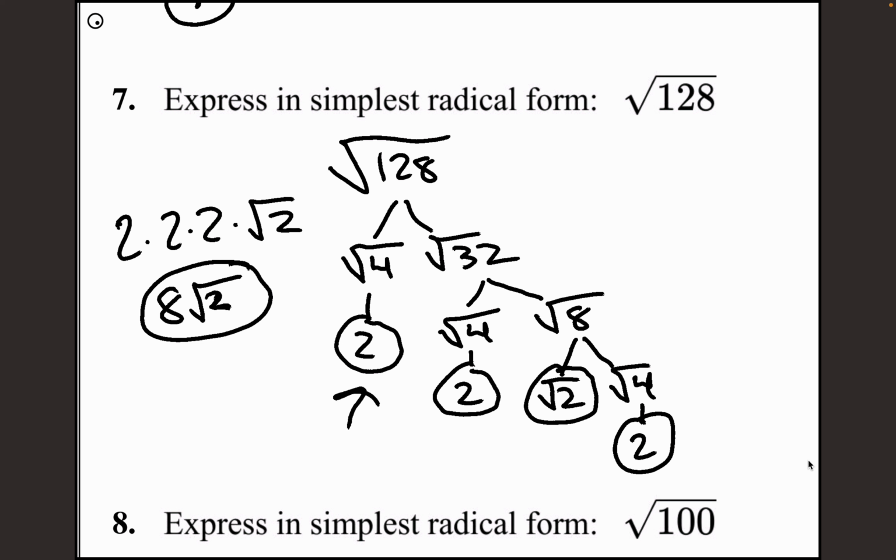Look at all the ones I circled. These were all whole numbers. This one's not. Because when we had square root 8, it was square root 2 square root 4. We can simplify square root 4. These were already simplified from square root 4. Okay?